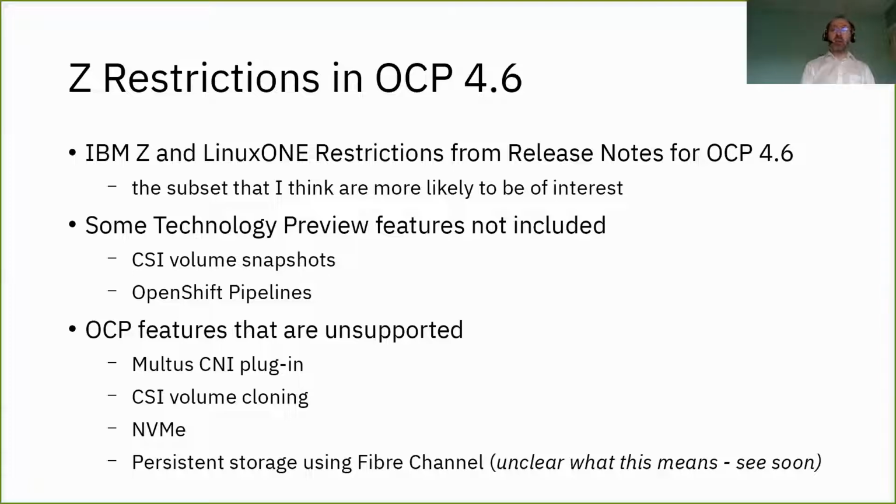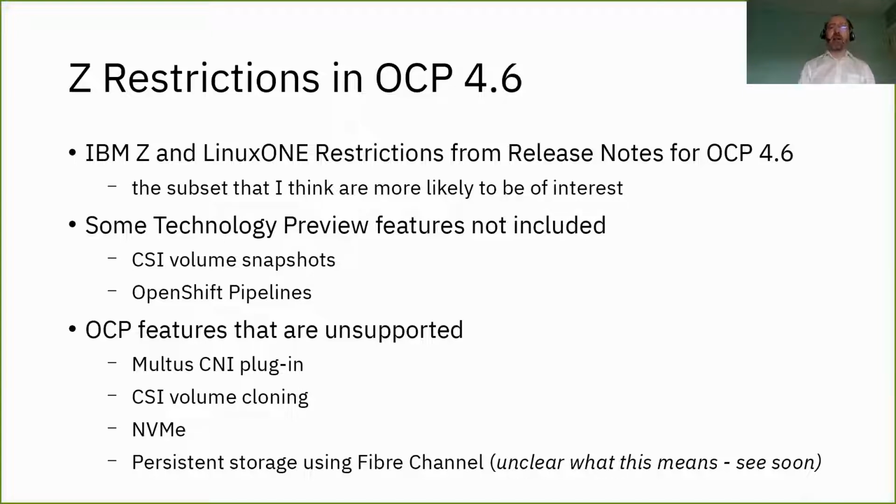OpenShift features that are unsupported and that I think are maybe wanted and hence are worth noting here. Multus is the container network interface plugin. So in the same way that CSI for storage allows all sorts of different storage mechanisms to be plugged into OpenShift, CNI is a similar one for network interfaces, not physical network interfaces, different ways of doing networking.